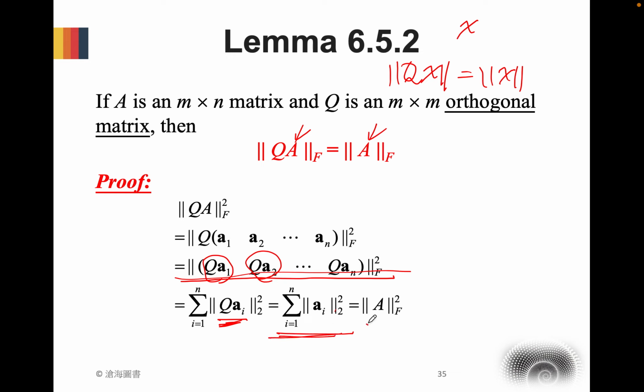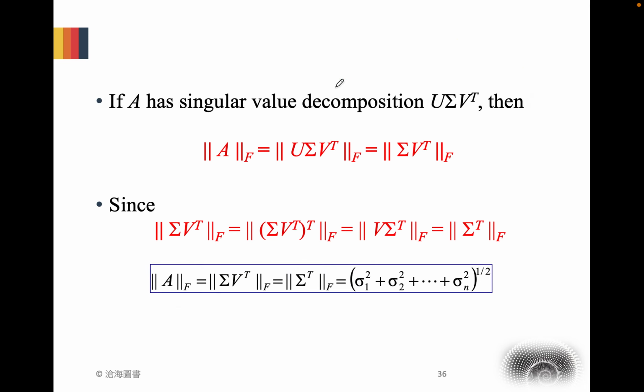This is actually the Frobenius norm of the matrix A. So we have proved that the Frobenius norm of QA is equal to the Frobenius norm of A. So you can view this as the matrix version corresponding to this property, right? Okay.